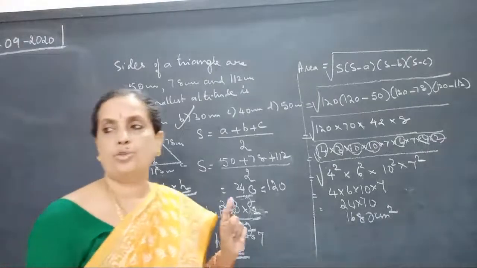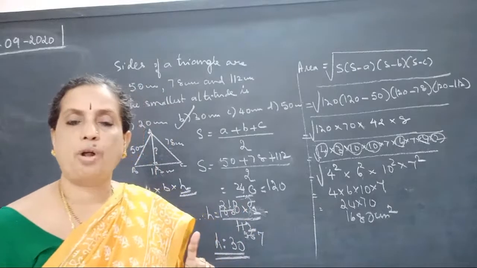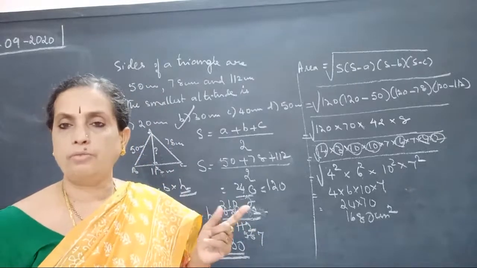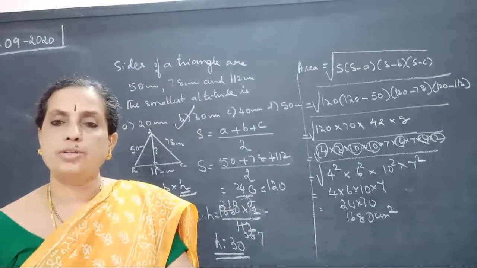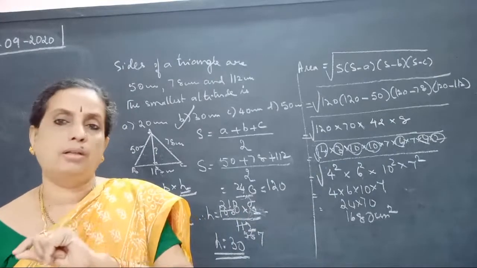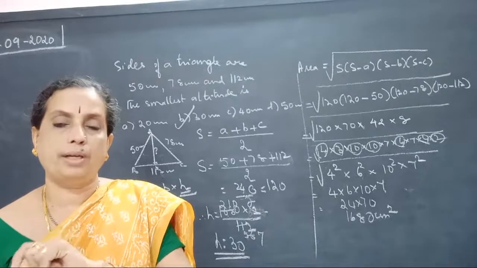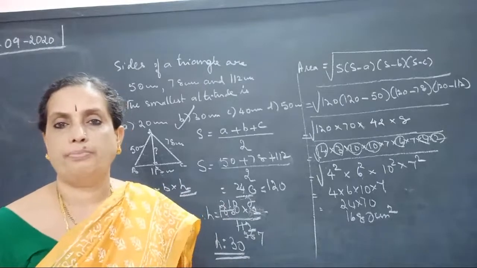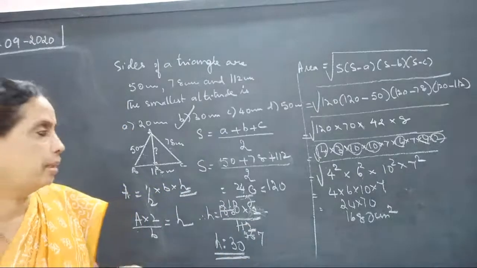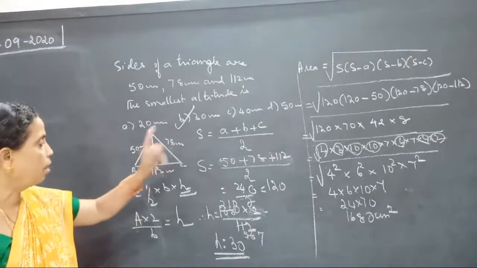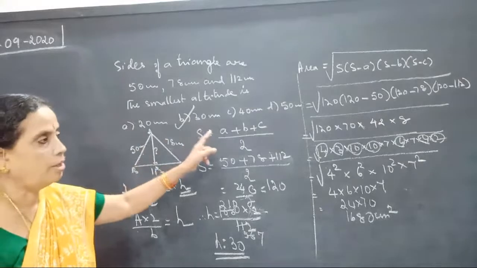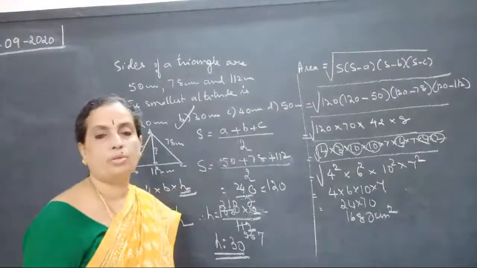The smallest altitude is drawn from the opposite vertex to the longest side. Longest altitude is the altitude drawn from the vertex to the smallest side. So don't confuse the method. You may have a question which is satisfied for the smallest altitude drawn to the smallest side also.